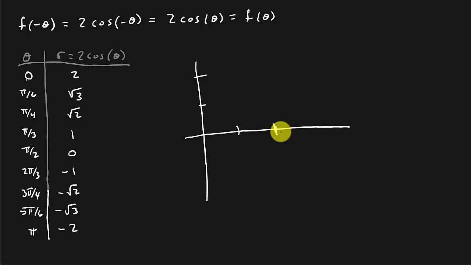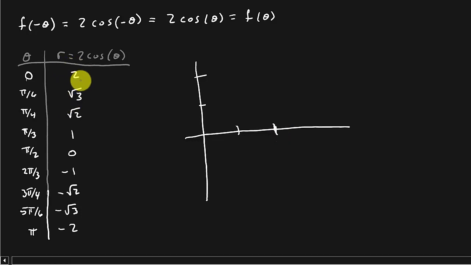When the radius is 2, my angle is 0 radians, so that's this point right here. And then when my radius is square root of 3, that's not quite out to 2, but about right in here. So my angle is pi over 6, which is like 30 degrees.